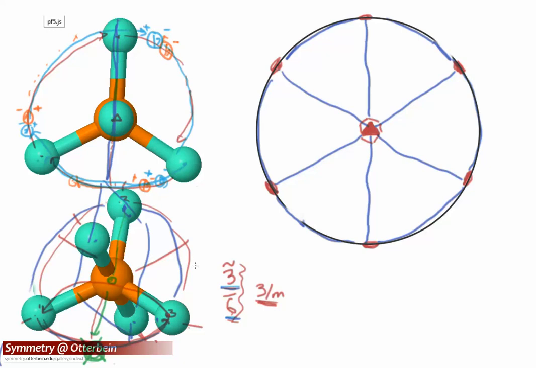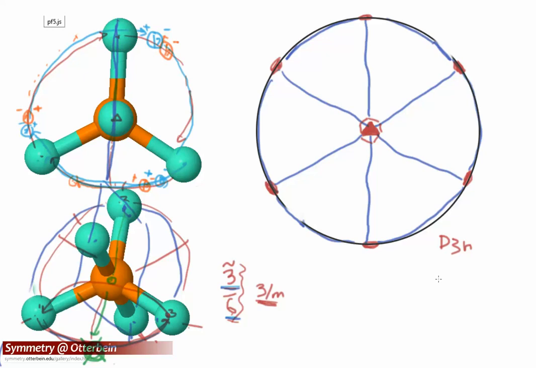Okay, yeah, so that is it. That is all of the symmetry operations that I have present in this point group. I can now give it a name, and if I use the Schoenflies notation, it's called a D3h point group.